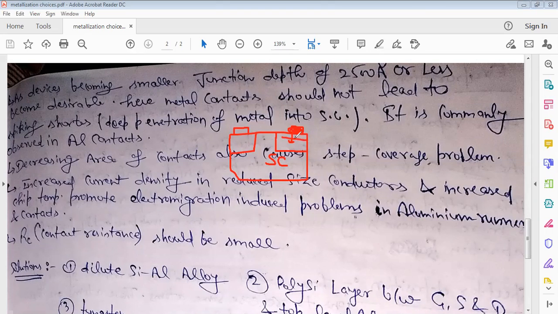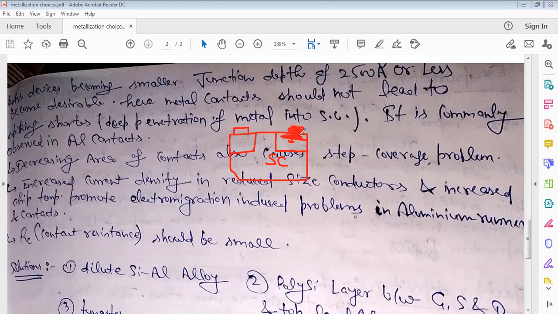The junction dimension is already very small, so there may be a short; metal can occupy the whole junction, and then it will make direct contact with the substrate, whereas it should not do that. So device characteristics will alter, and the device will not work. This is called spiking shots. Spiking shots are commonly observed when aluminium is used as contact metallization.